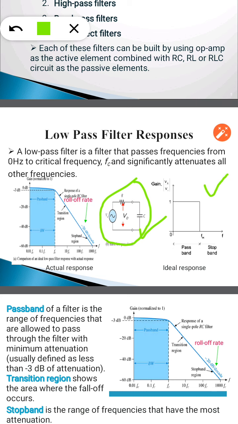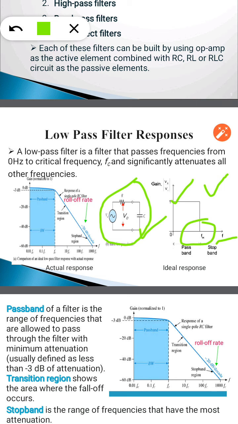This is showing you the ideal response. Ideal response means, if this is your cutoff frequency, the frequencies which are less than the cutoff frequency are getting passed with gain 1, but frequencies which are greater than the cutoff frequency are getting blocked, means the gain is not available.